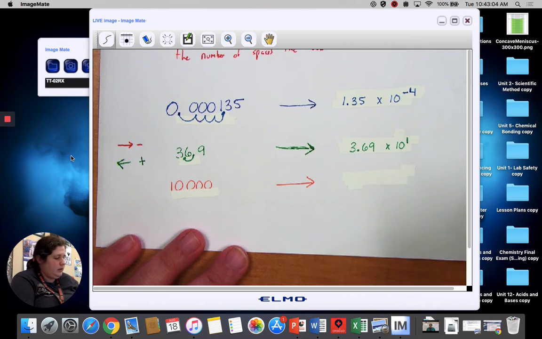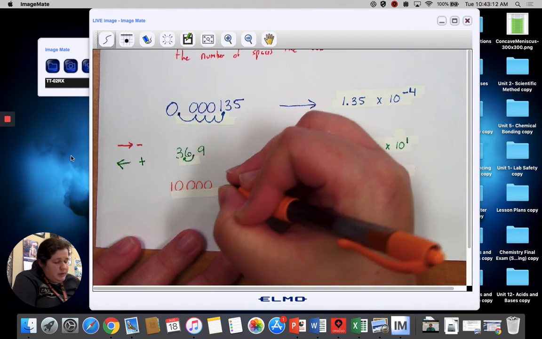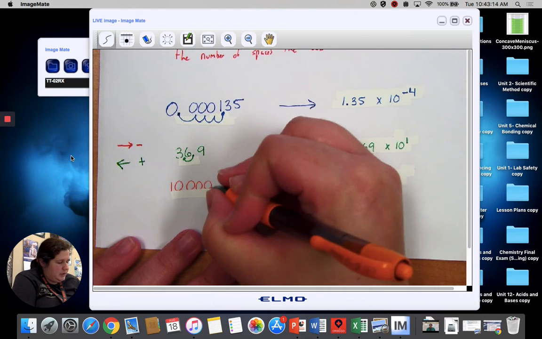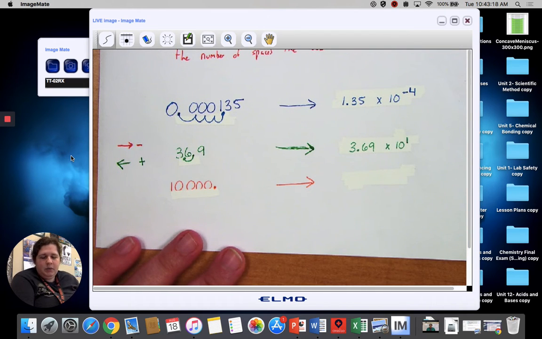All right, let's see if we have the number 10,000. This is not too bad of a number. It's not that bad. So this is a whole number with no decimal place. I'm going to put the decimal at the end. All right, I'm going to move it until I get a number between 1 and 10. Now remember, it can't be exactly 10. It has to be less than 10.